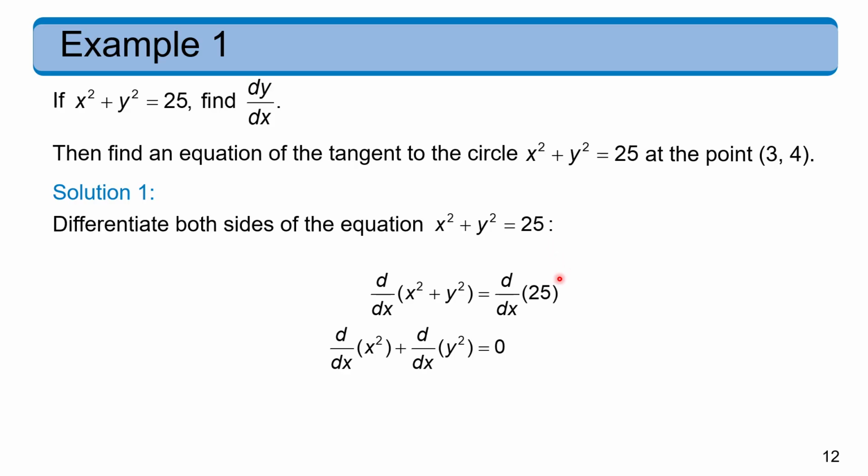We still have to compute those two derivatives. On the left, we have the derivative of a sum, so the first thing we do is use the sum rule. We can split the derivative up to each term in the sum. And then the right side is an easy one because we know the derivative of a constant is 0. So we still have two derivatives to compute, so we'll continue with that.